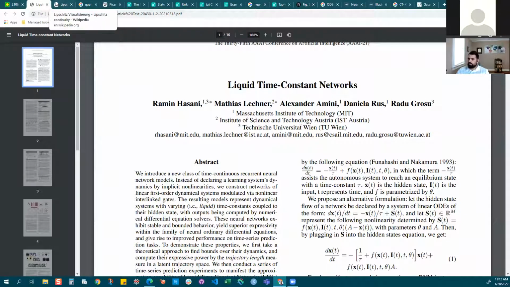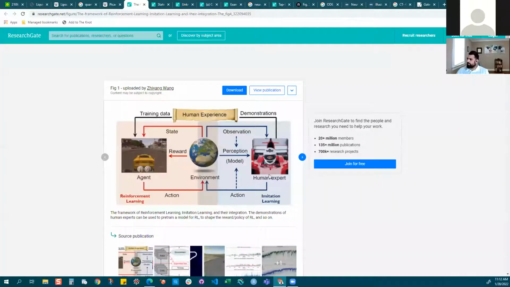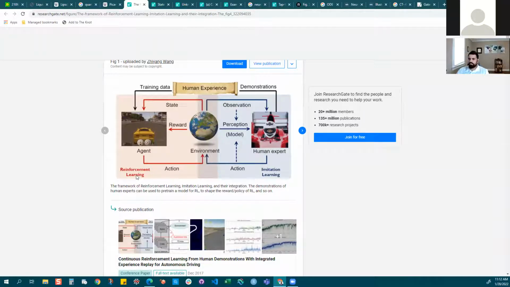And there are some concepts that are good to know about, which I'm going to touch upon real quick before we dive much deeper. The first thing is the difference between imitation learning and reinforcement learning. What is imitation learning and why are they using it in this paper? Imitation learning is where a machine is imitating human behavior instead of having direct interactions with the human.